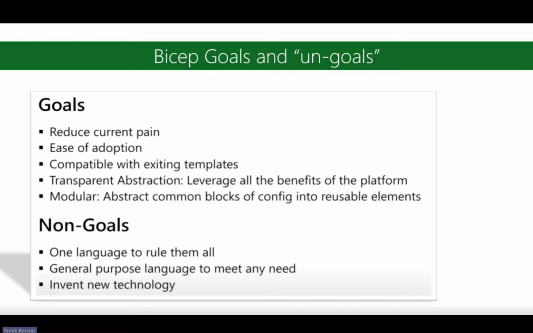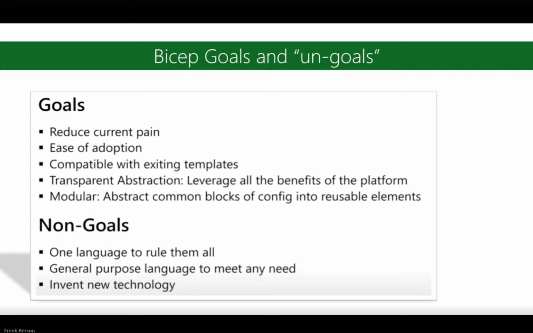So ARM and ARM templates are not going to go away, but it's going to be an abstraction layer on top, which allows you to mask away all of the code complexity while still having all of the benefits of the platform. And lastly, modularity, right? So it's all about reusable elements. It's all about abstracting piece of code, put them into separate module files to really help and drive reusability across the board.